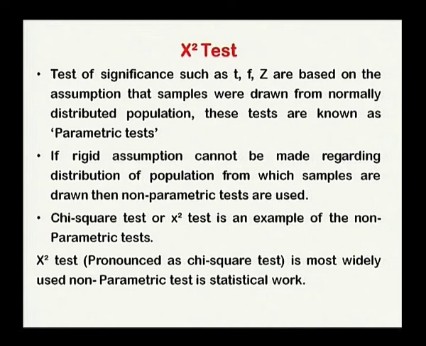If a rigid assumption cannot be made regarding the distribution of the population, or when samples have not been taken from a normal population, then we require the chi-square test. So the chi-square test is an example of a non-parametric test, and it is the most widely used non-parametric test in statistical work.